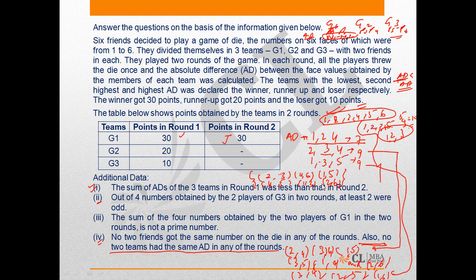Now we have to check the compatibility of ADs of round 1 with the ADs of round 2. When we take 2, 3, 4, 6 and 1, 5, then we see according to the second condition that, out of the 4 numbers obtained by two players of G3 in round 2, at least 2 were even.